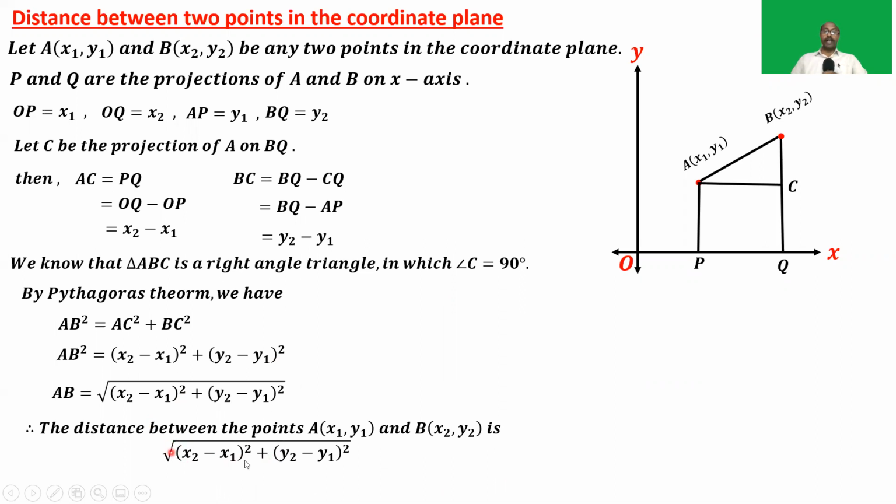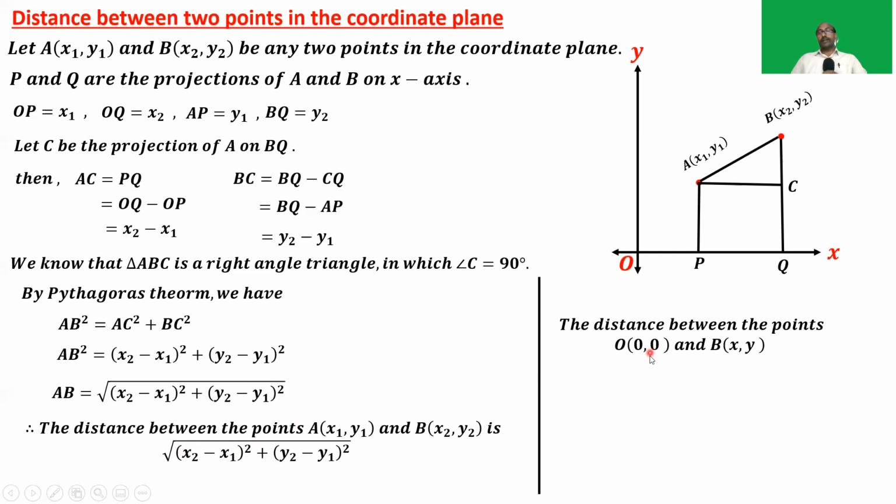Okay, well, as there is a square, we can take here x2 minus x1 or x1 minus x2. Similarly, here y1 minus y2 or y2 minus y1. So the distance between two points can be written as under root x1 minus x2 whole square plus y1 minus y2 whole square also. Okay, let us find the distance between a point to origin.